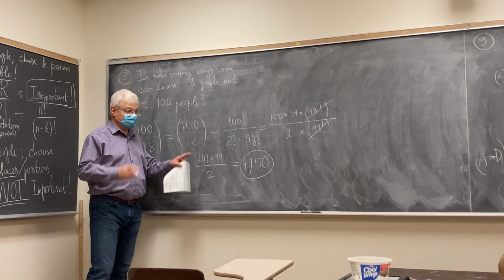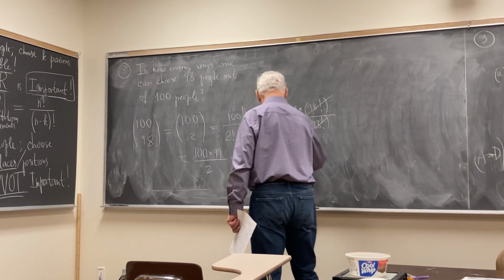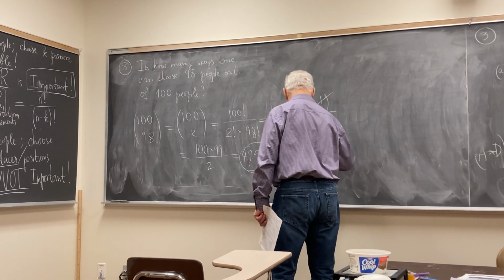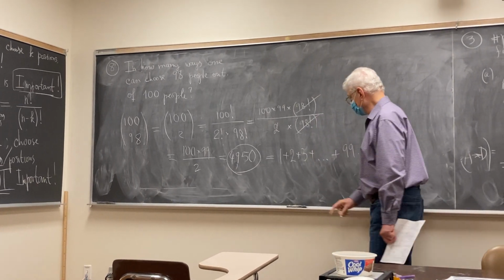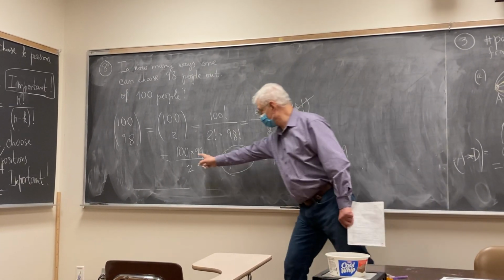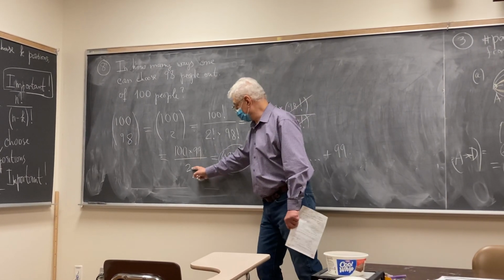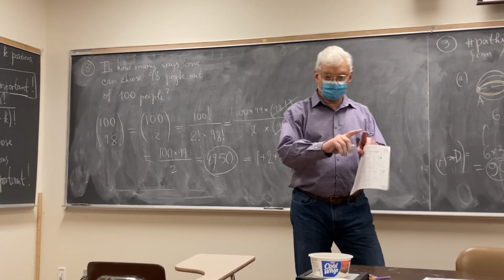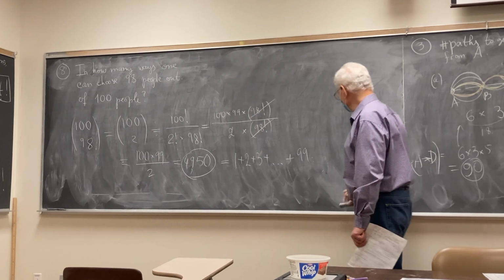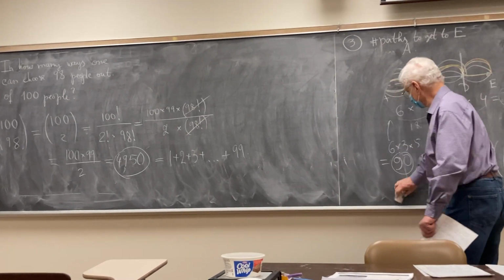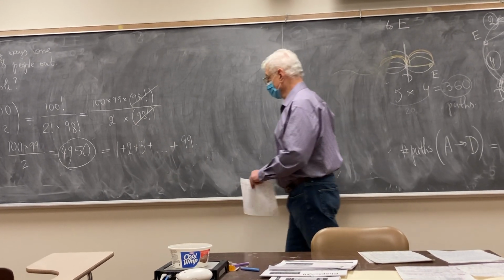In my previous solution, this is the same as adding all the numbers from 1 to 99. 1 plus 99 is 100, 99 is the number of terms, and divide by 2, because the number of pairs is twice as few as the number of objects, the number of people.